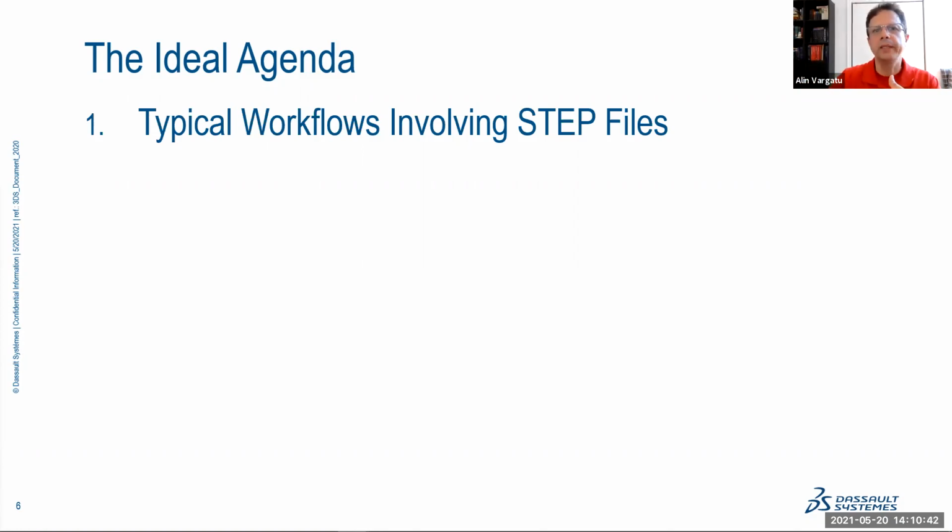What exactly are you doing with the STEP file? Would you just open it and then save it as a SolidWorks file and just put it in your assembly? Is this all you do? Or do you work with somebody else who has a different CAD software? So they would send you, let's say, revision 0 of their model as a STEP file. You will put it in your part or in your assembly, right? And you start working, you start building around it.